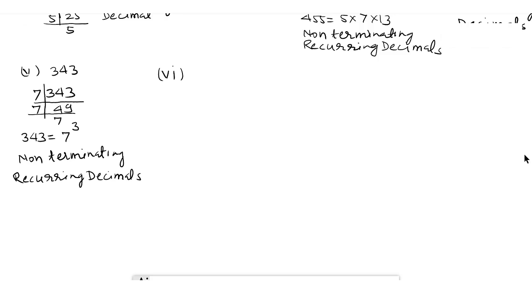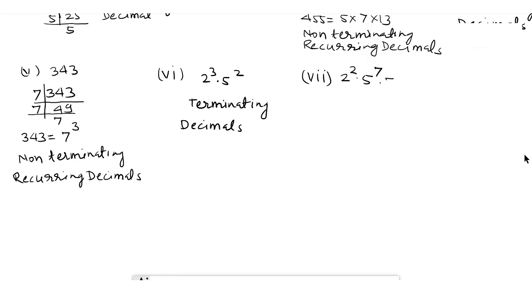We go to part 6th. The denominator is 2 to the power 3 into 5 to the power 2. Now as the denominator is of the form 2 to the power m into 5 to the power n, hence this is terminating decimal. Part 7th, the denominator is 2 to the power 2, 5 to the power 7 into 7 to the power 5.